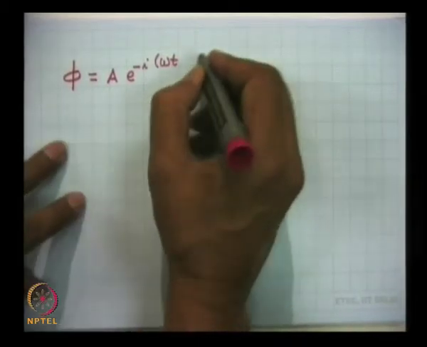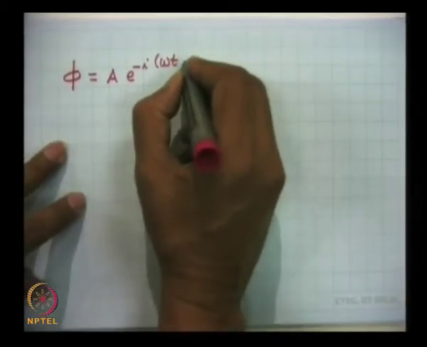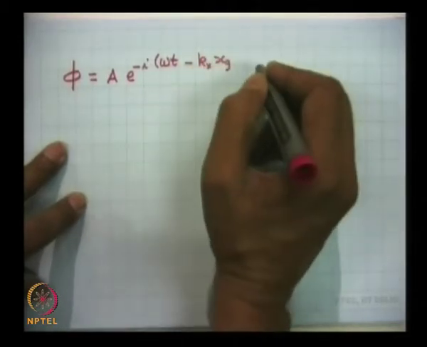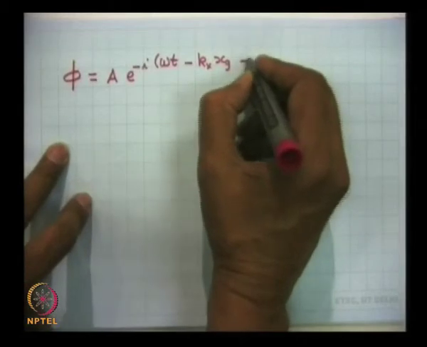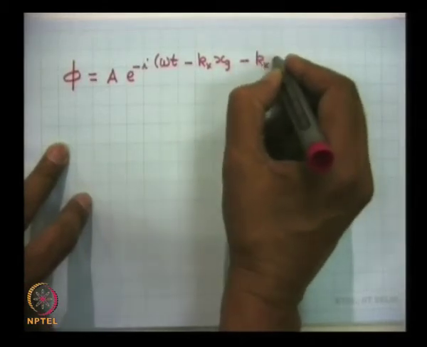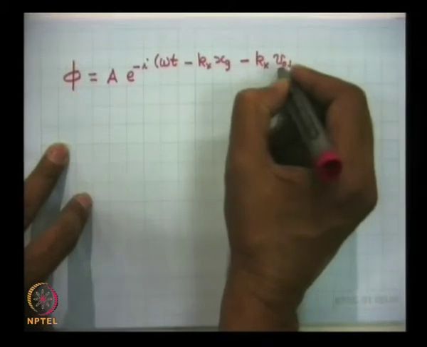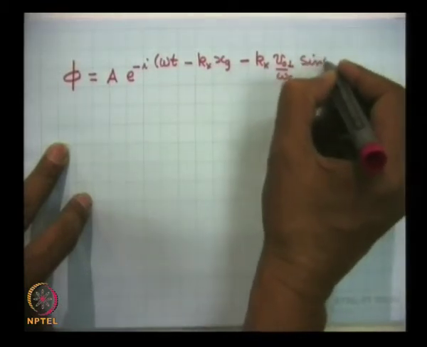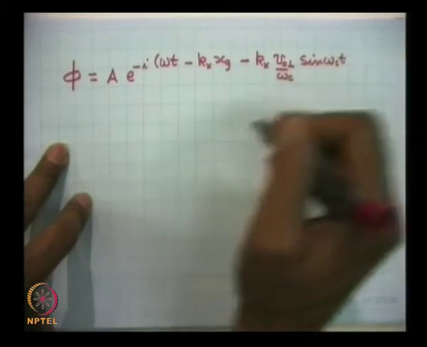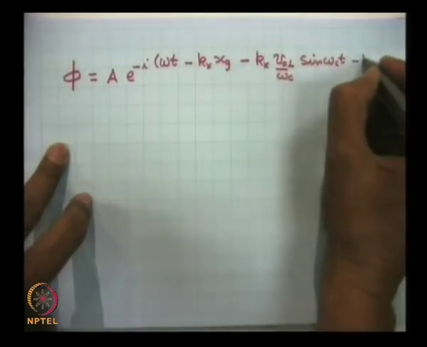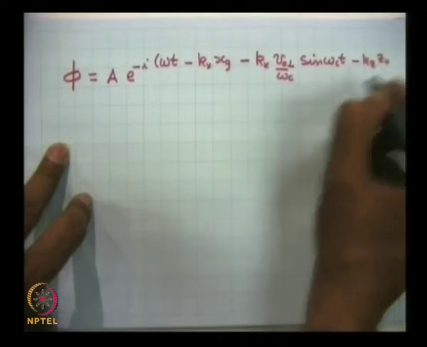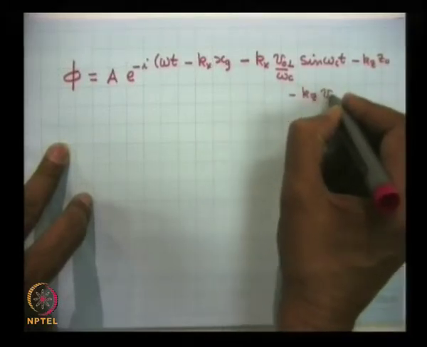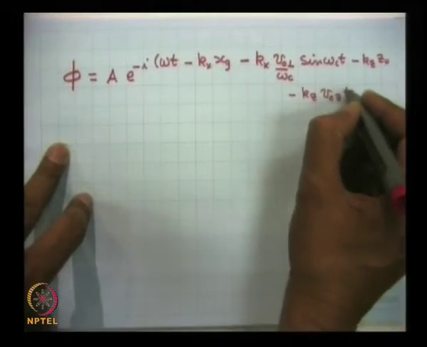Now, this kx x term becomes minus kx into xg, then there is a term here minus kx v0 perp upon omega c into sin omega c t, then this is kz z0 minus kz v0z into t.